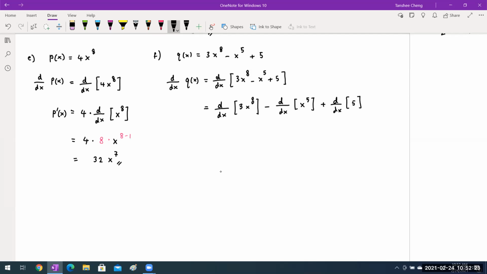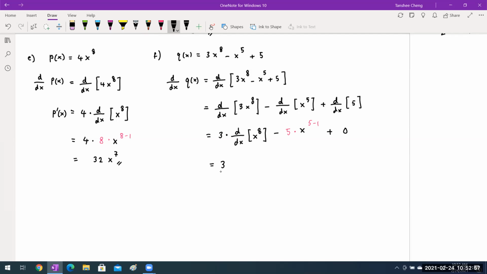For example, the first term has a constant multiple, which we already saw. So this will be 3 times the derivative with respect to x of the power function. And minus, right here, I can take the derivative already, so it'll be 5 times x to the 5 minus 1 power, and plus the derivative of a constant is 0.